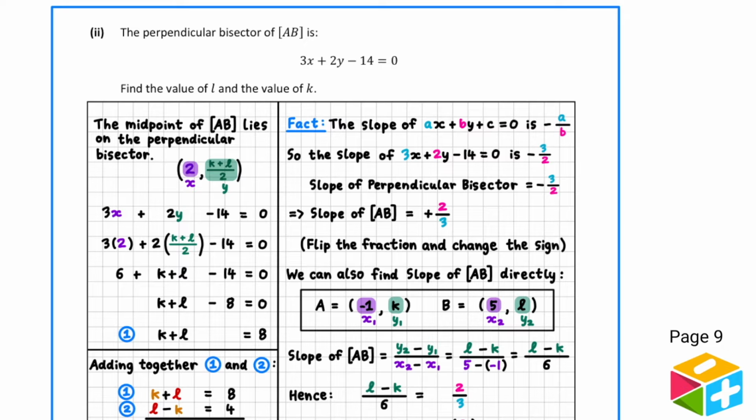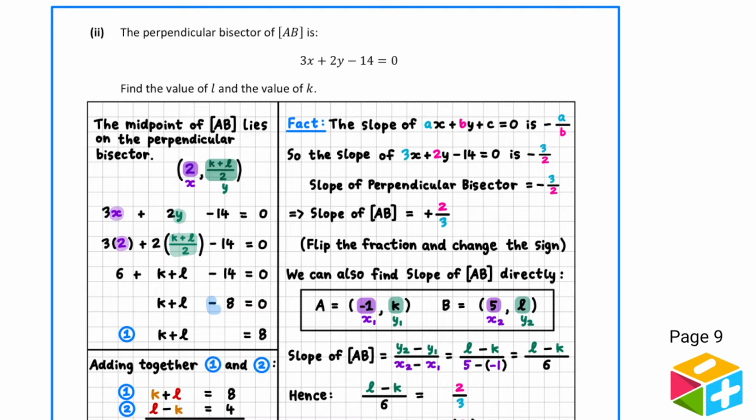Since the midpoint lies on the perpendicular bisector, it must satisfy the equation of this line: 3x plus 2y minus 14 is equal to 0. 3 times 2 is 6, and the multiplication by 2 cancels the division by 2. 6 minus 14 is minus 8.